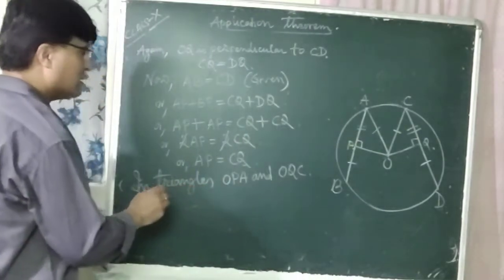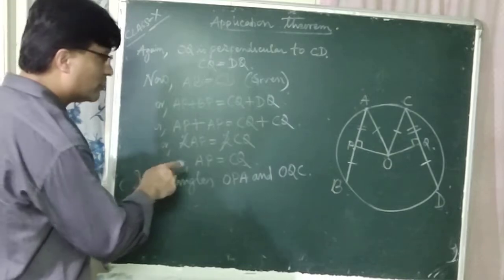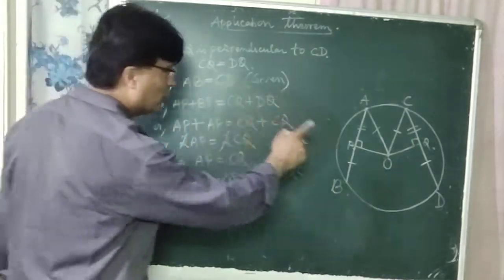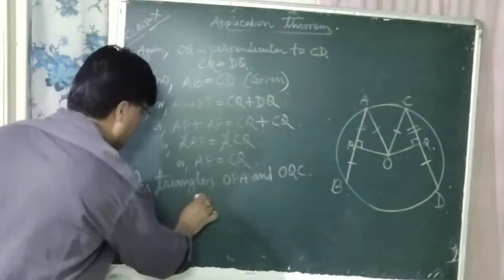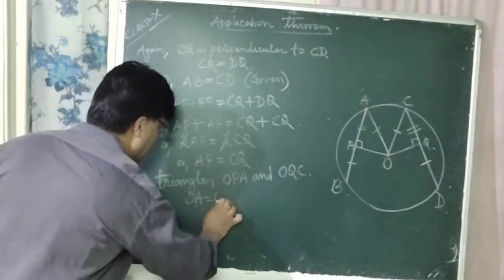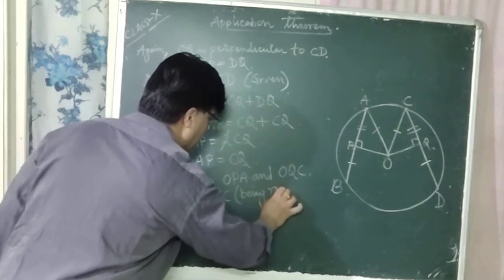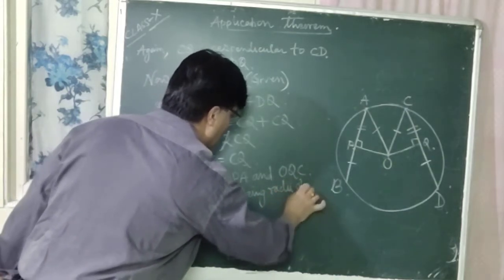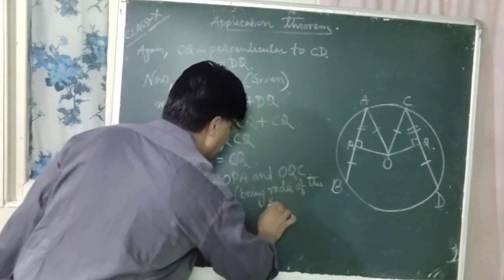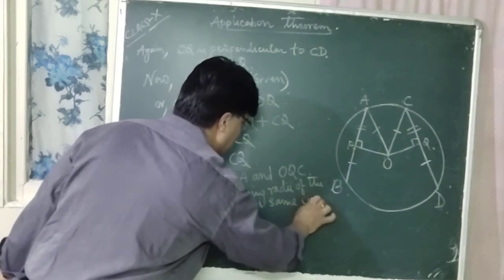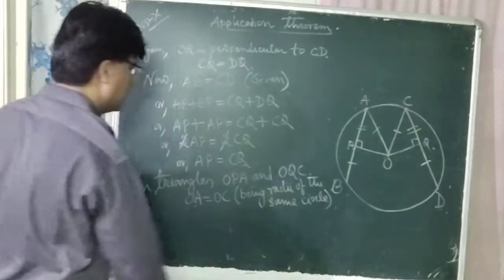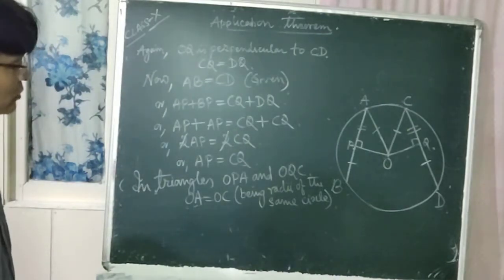So what are the 3 reasons now? OA is equal to OC, being radii of the same circle. Being radii of the same circle, right? OA is equal to OC.